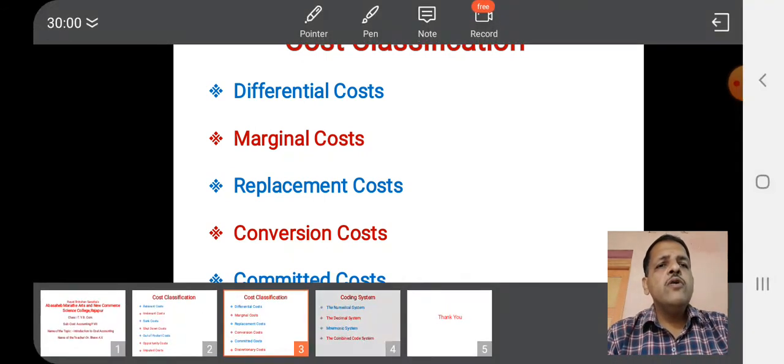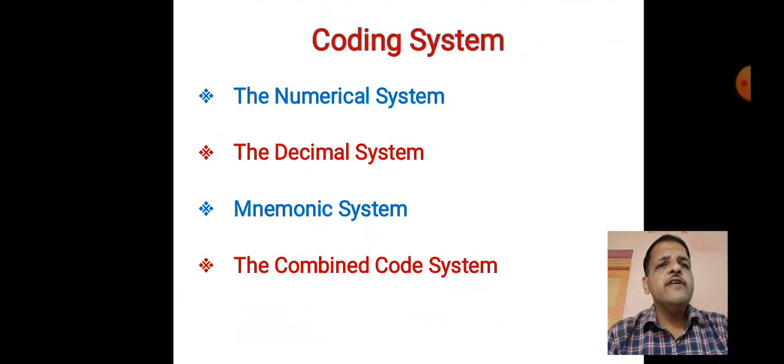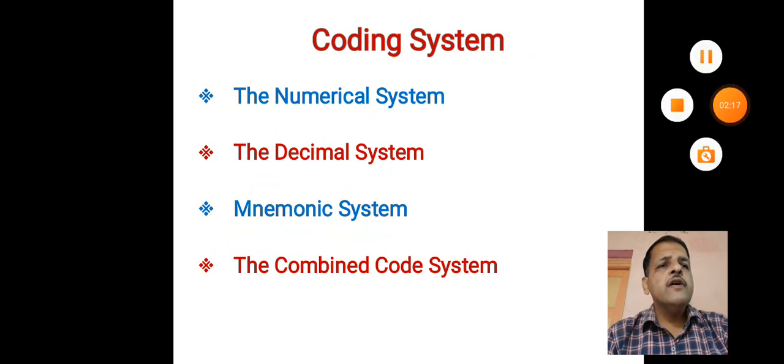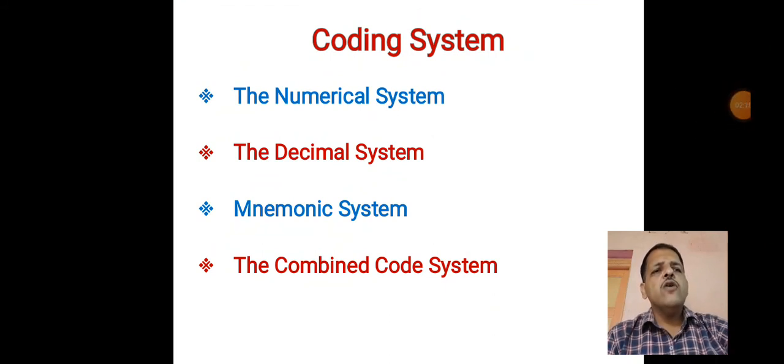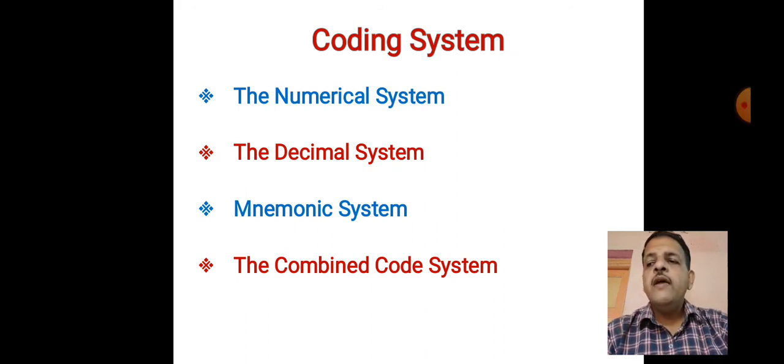Now after seeing different concepts of costs under cost classification, let us go towards the coding system. Codification means nothing but assigning code numbers so as to make it easier to identify each group of overheads. It can become increasingly important in large organizations where a machine accounting system is used.